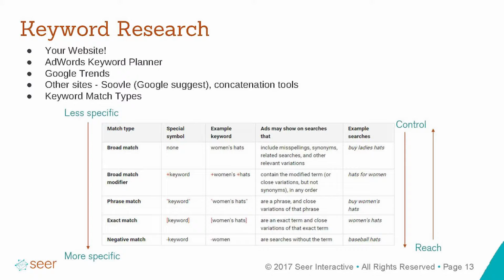If I'm using AdWords Keyword Planner, will it show me an example of the results that are going to come back for that particular search? You mean like ads specifically? I'm looking at your example search.